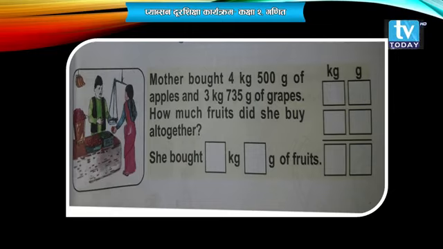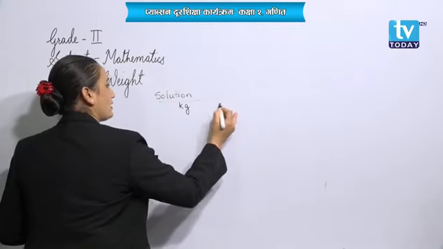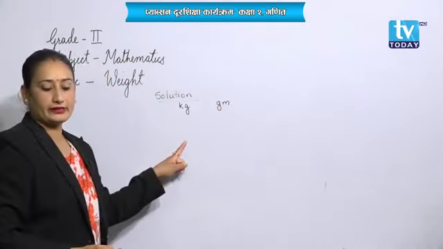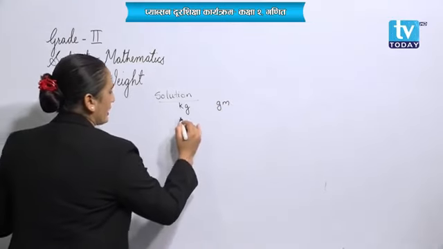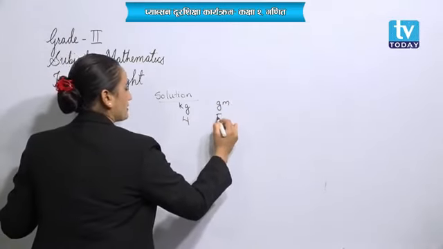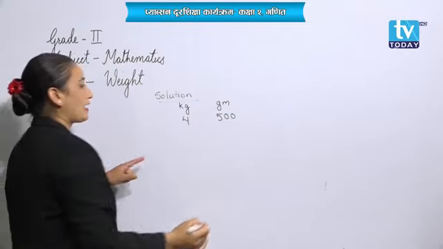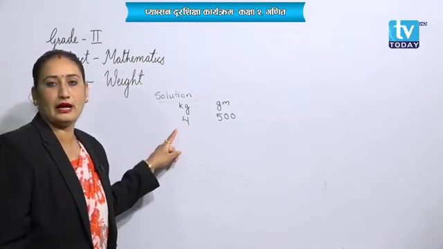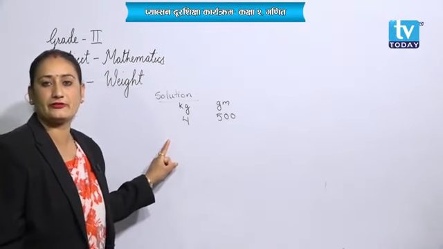What is the first question? Mother bought 4 kg 500 grams. So first of all, write kg at the top and gram at the bottom. And write here 4 kg 500 gram of apples. It's the weight of apples, and you need to write the weight of grapes.